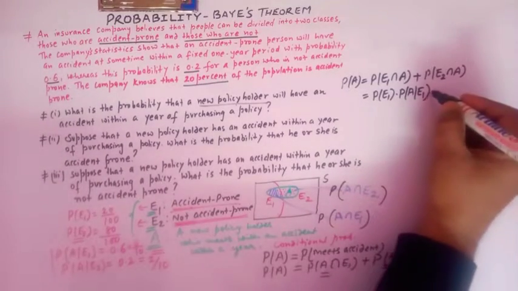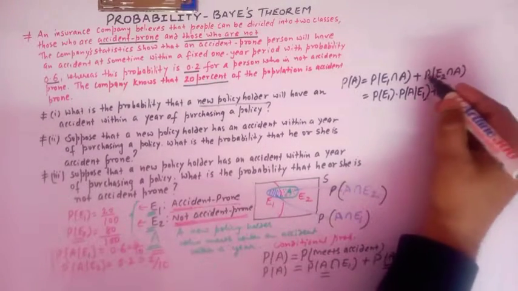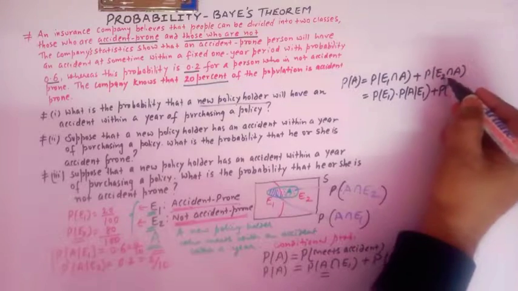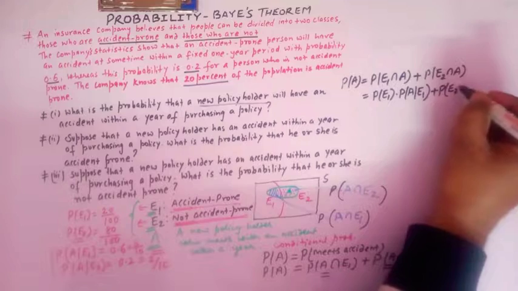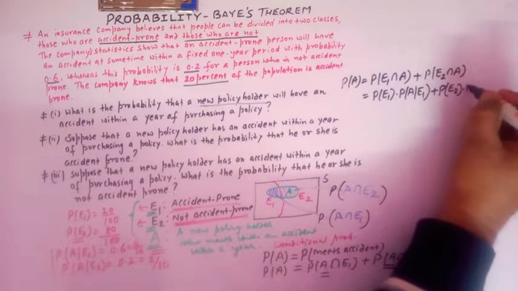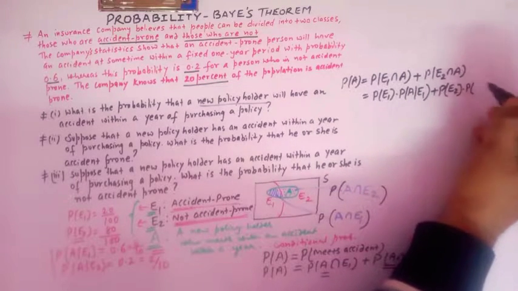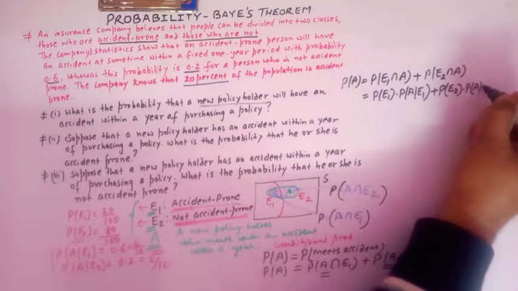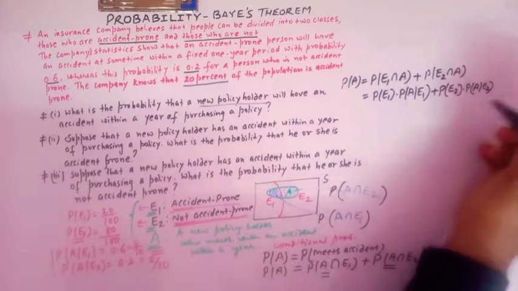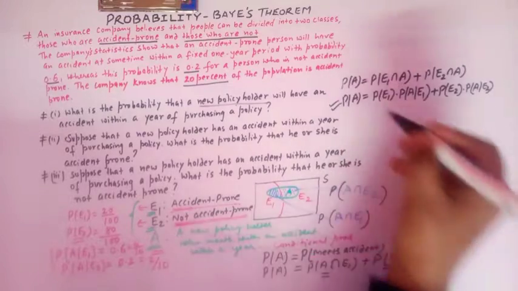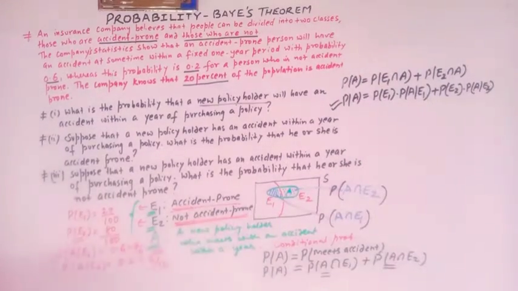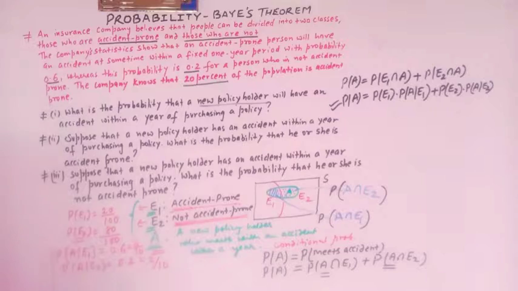Similarly, P(E2 intersection A) can be written as P(E2) times the conditional probability of A when E2 has happened. This statement is known as the law of total probability.